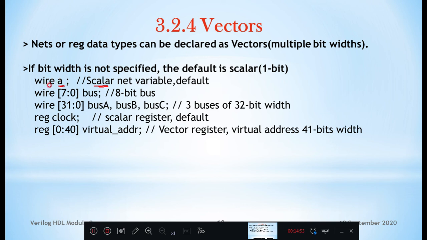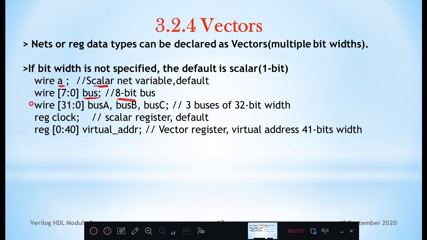This is a net, wire means net type, size is 1 bit, name is A. Wire [7:0] represents 8 bits, and the name given for that 8-bit width net is bus. Then [31:0]. In that case, wire [31:0] bus A, B and C. So you have defined 3 buses of size 32-bit width.